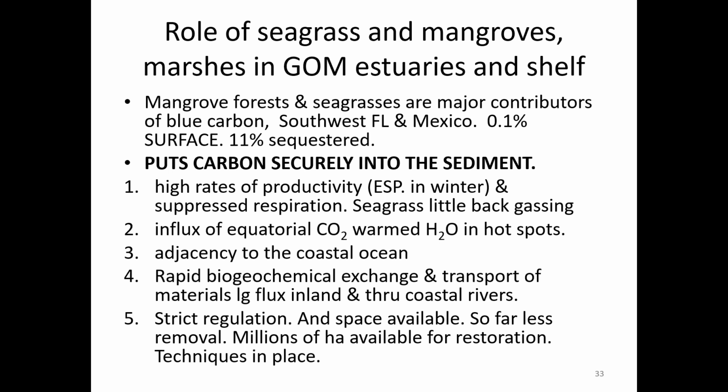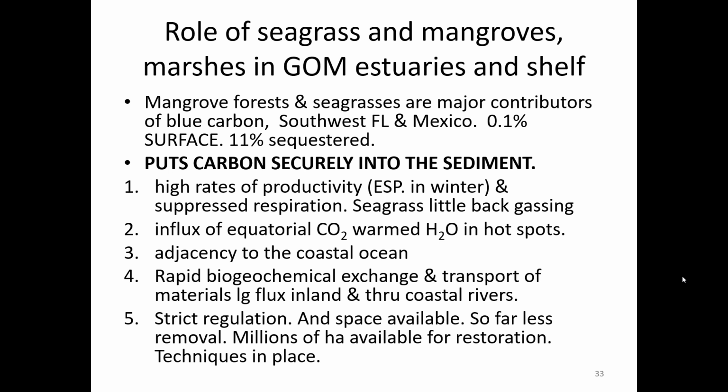The mangroves partly because of the heat, as well as the equatorial influx of carbon dioxide in the seawater. And the winter marshes cut back, but in general, the marshes in the north are the dominant blue carbon, which is sequestering carbon. And in the south, it's the mangrove.